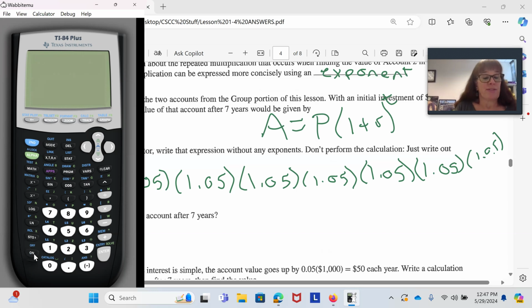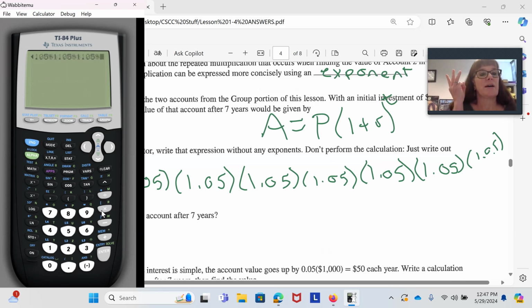I can type in 1,000 times 1.05, and my lovely touchscreen calculator, I forgot the times button, times 1.05 times 1.05. I'm going to keep track on my hands how many times I've done that.